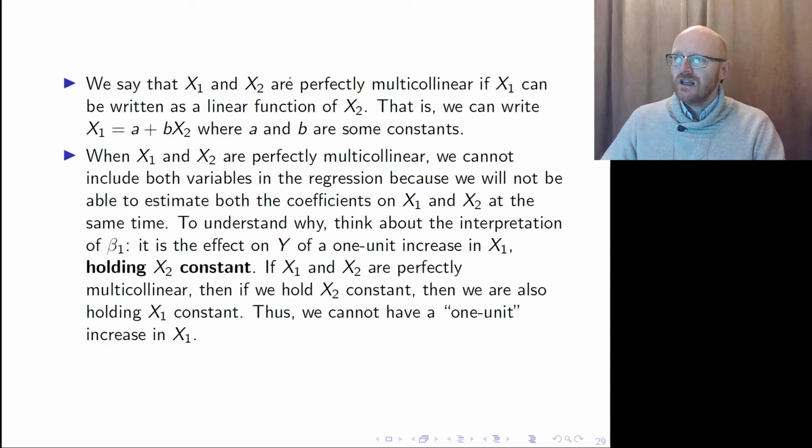We say that x1 and x2 are perfectly multicollinear if x1 can be written as a linear function of x2. That is, we can write x1 as a constant plus a slope times the x2 variable.